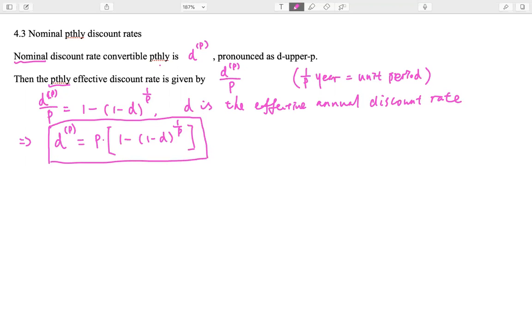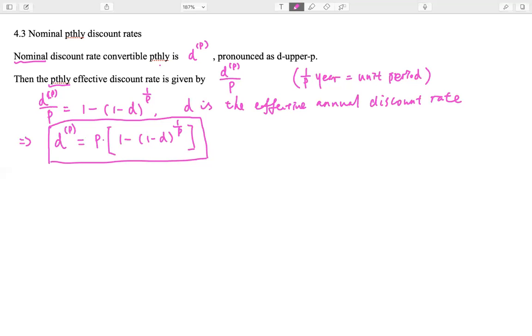This tells us how you can convert from the effective discount rate to nominal discount rate. Of course, you can also go backwards. From there, what we can derive is 1 minus d.